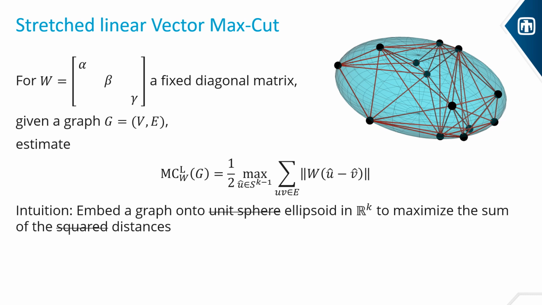And again, this objective function matches what we were able to produce with our Hamiltonian gadgets. So here the intuition is now that given some graph, we embed the vertices onto the surface of an ellipsoid defined by the weights of the matrix W in order to maximize the sum of the distances between the points.